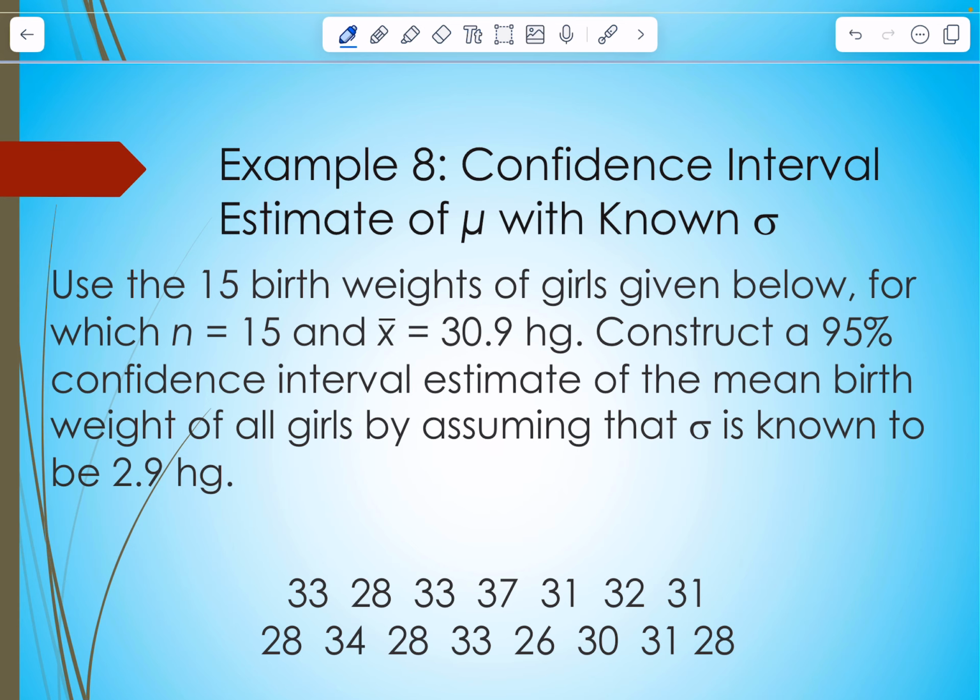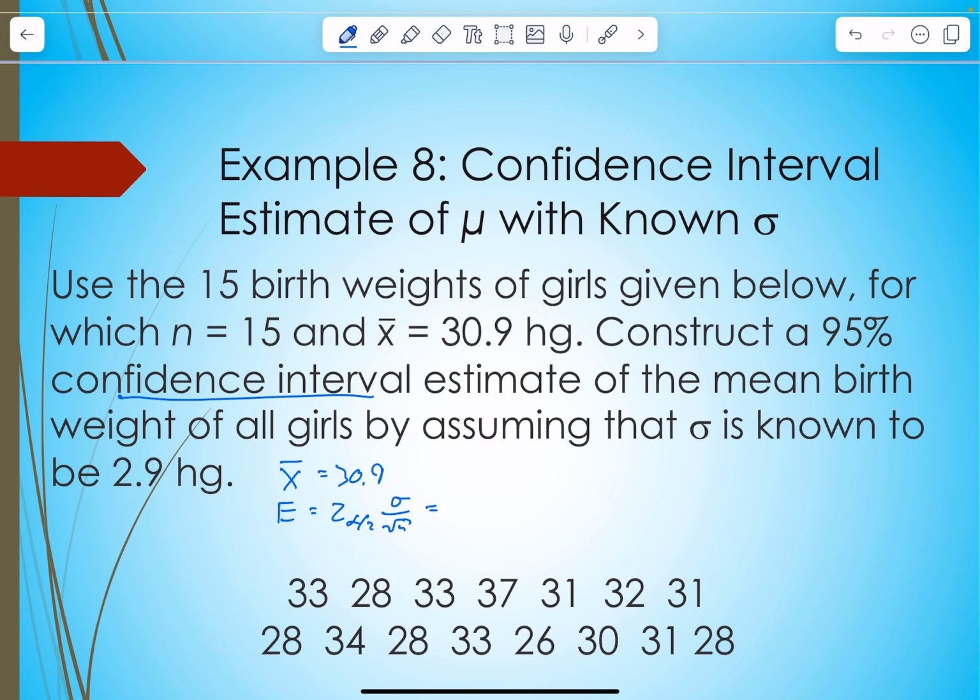So what's it asking? It's asking for a confidence interval. In order to find the confidence interval, I need a point estimate, x hat, which is 30.9, and I need a margin of error, which is z alpha over 2 times sigma over square root n.